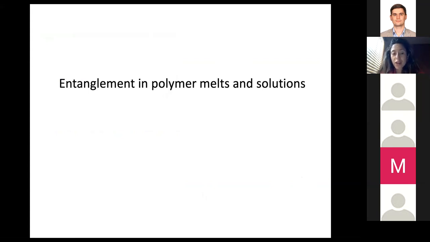So we went through a long, and we are still in this research where we are trying to find whether the topological entanglement or geometrical entanglement that the Gauss linking integral measures is relevant in polymer melts and solutions. And I will describe a little bit what is entanglement in those systems.